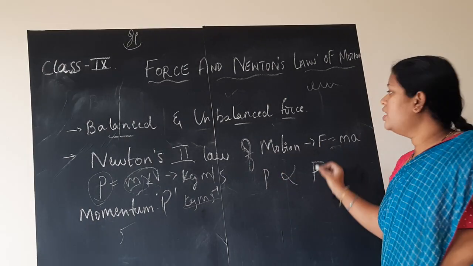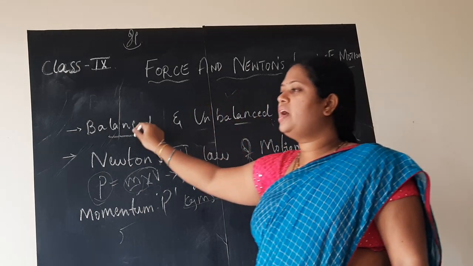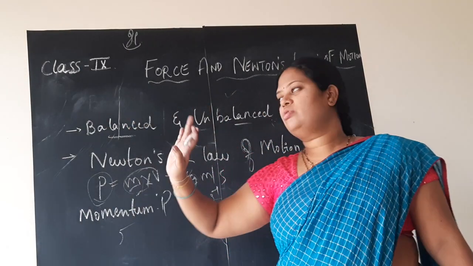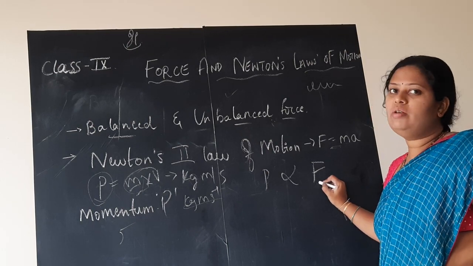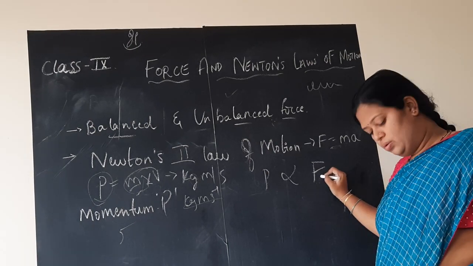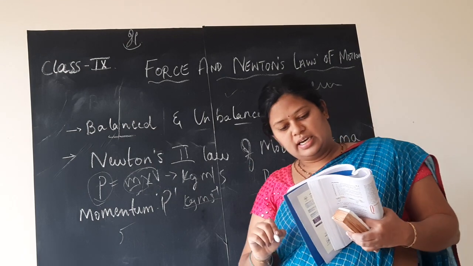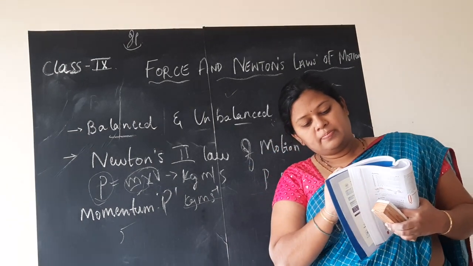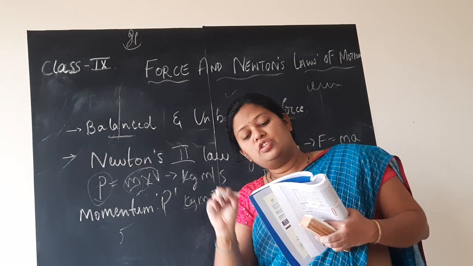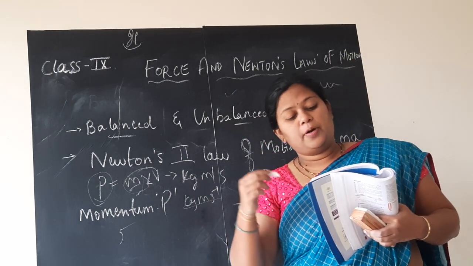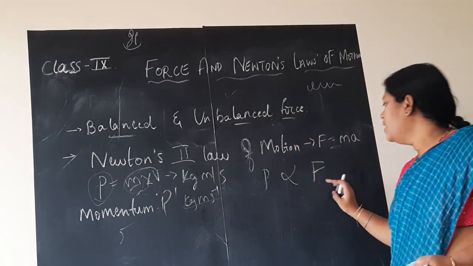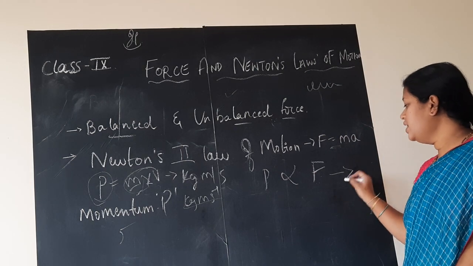Why are they using the word unbalanced force? Because balanced force means the body is at rest. Only if an unbalanced force acts upon the body will the body move. So what they say here, children, is that the rate of change of momentum of an object is proportional to the applied unbalanced force in the direction of force.